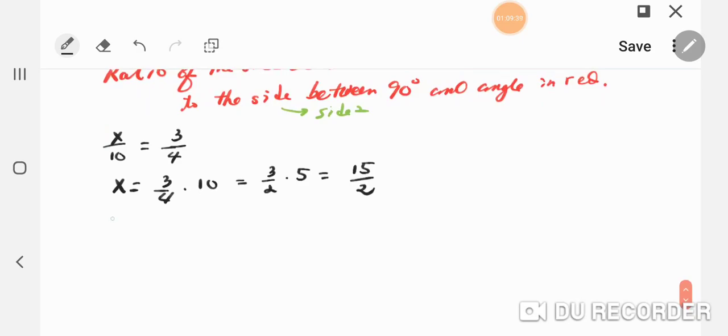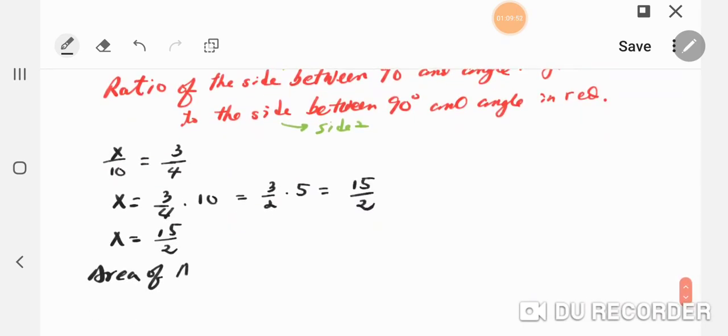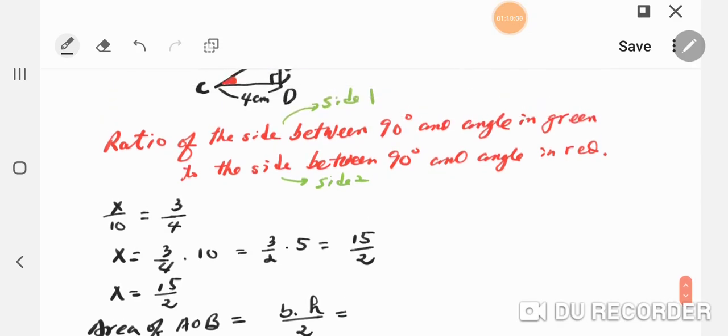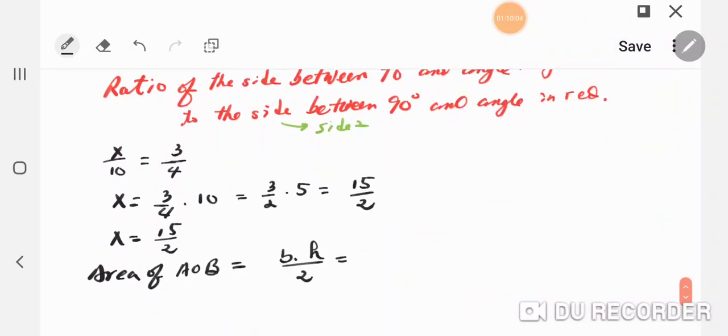So x is 15 over 2. Then the area of the larger triangle AOB is base times height divided by 2. The base and height are the lengths of the two sides, one is 10 and the other one is x, which is 15 over 2.